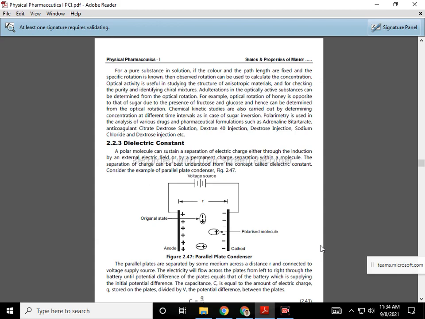So now I am going to tell how we can get that value. We can get the dielectric constant value. Very simple. As you can see, it is a parallel plate condenser. Parallel plate condenser means it is simply an electronic device, which we call a capacitor.